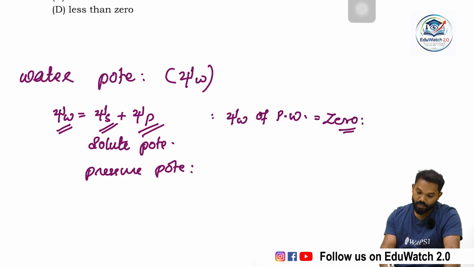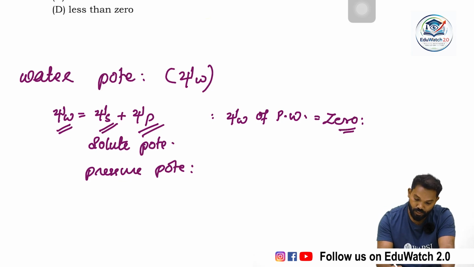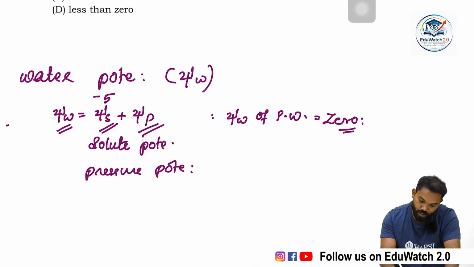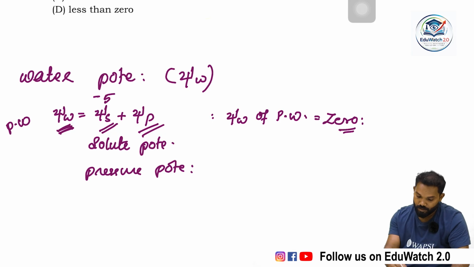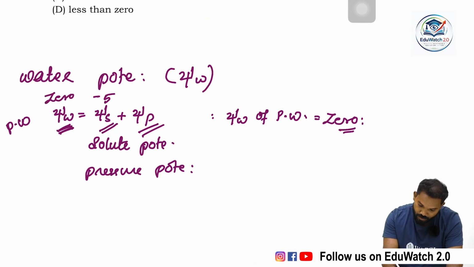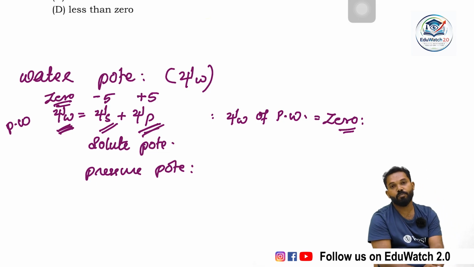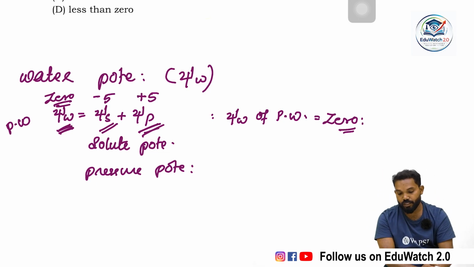Solute potential is always negative, so if the solute potential is -5, and the water potential of pure water is 0, then the pressure potential is plus 5. So the sum of solute potential and pressure potential is 0.